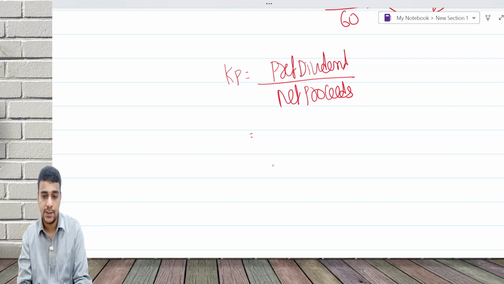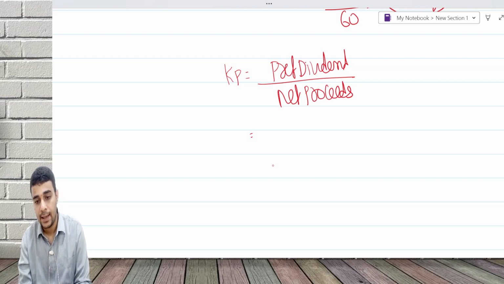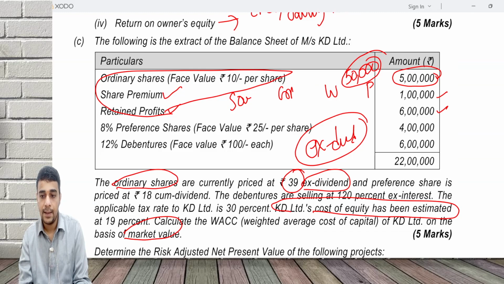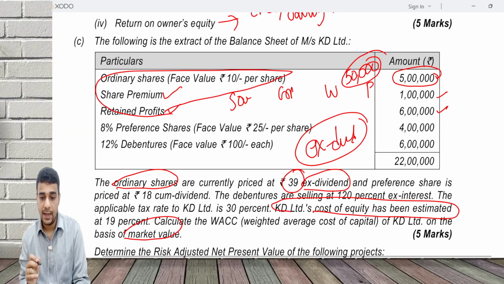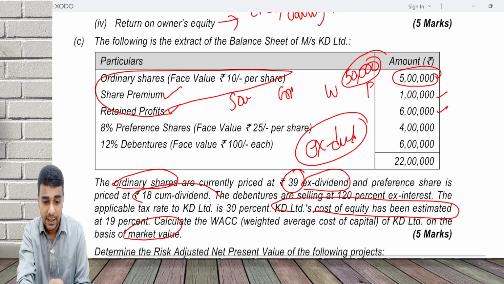Preference dividend per share is 25 into 8%, which is 2 rupees. Net proceeds is the current market price, which is 18, but cum dividend.